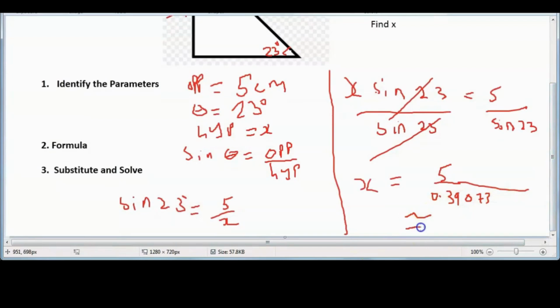Approximately, you end up with 12.8 centimeter.